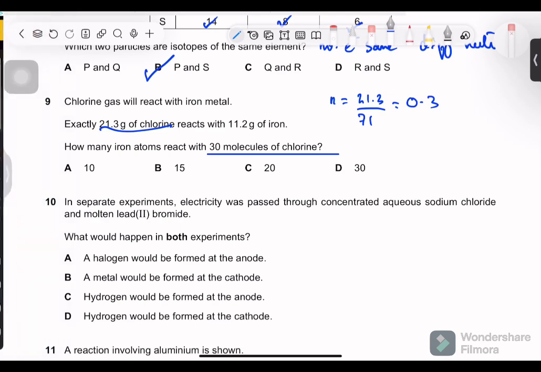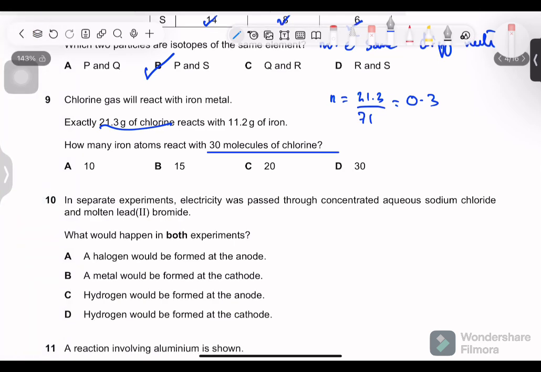And how many iron atoms react? So let's do it again. Fe plus Cl2 is FeCl2. Fe has 2 plus charge. Now 21.3 gram means 0.3 moles of Cl2 react with 1 mole of Fe.